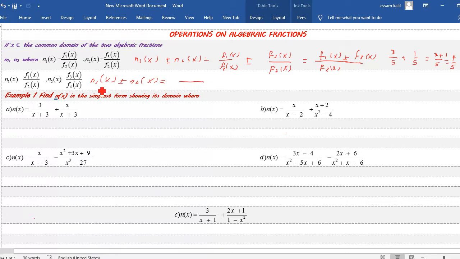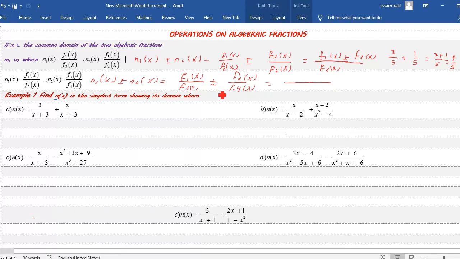Writing the value of n1 and n2, it becomes f1 of x over f2 of x plus or minus f3 of x over f4 of x.